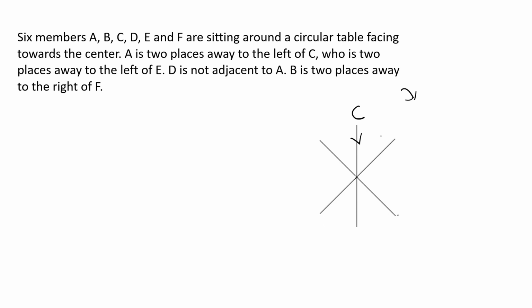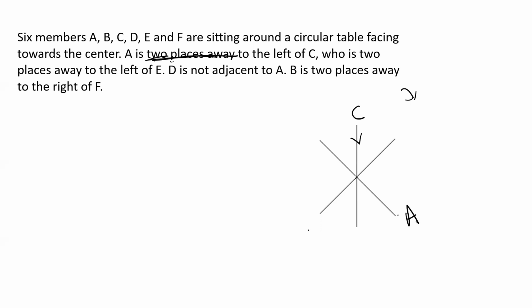You are given that A is 2 places away to the left of C. Clear? As it's 2 places away, you need to remember this: there should be exactly one person sitting between A and C. So let it be A.